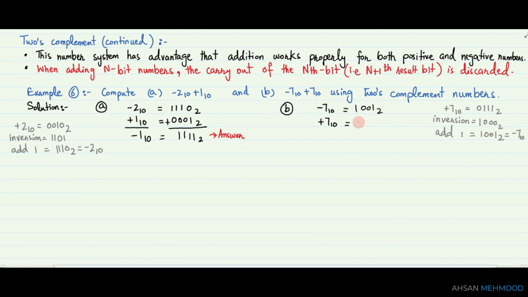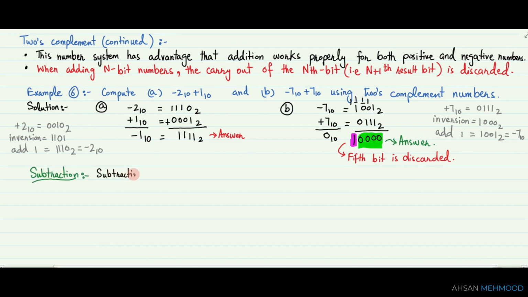Minus 7 base 10 is equal to 1001 base 2 in 2's complement form, and 7 base 10 is equal to 0111 base 2 in 2's complement form, and the result is of 5 bits, that is 10000 base 2. The fifth bit, which is 1, is discarded, leaving the correct 4-bit result of 0000 base 2.